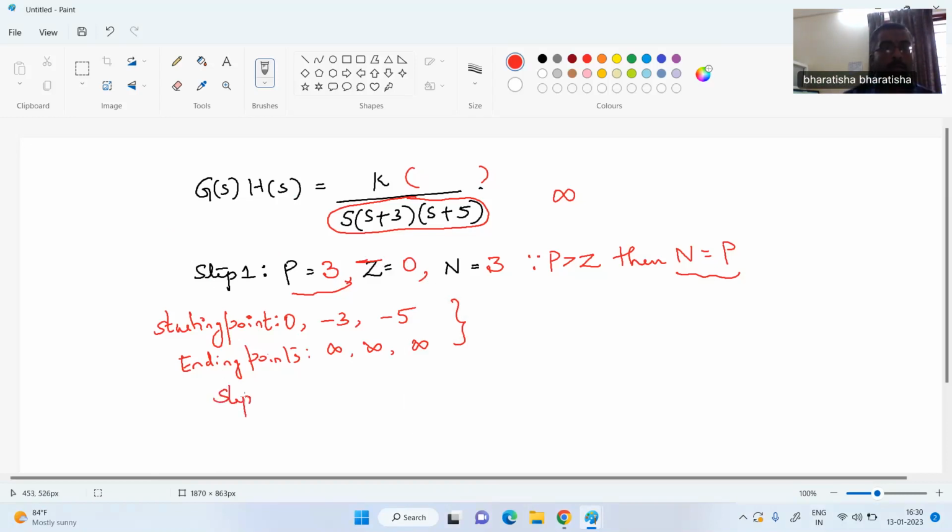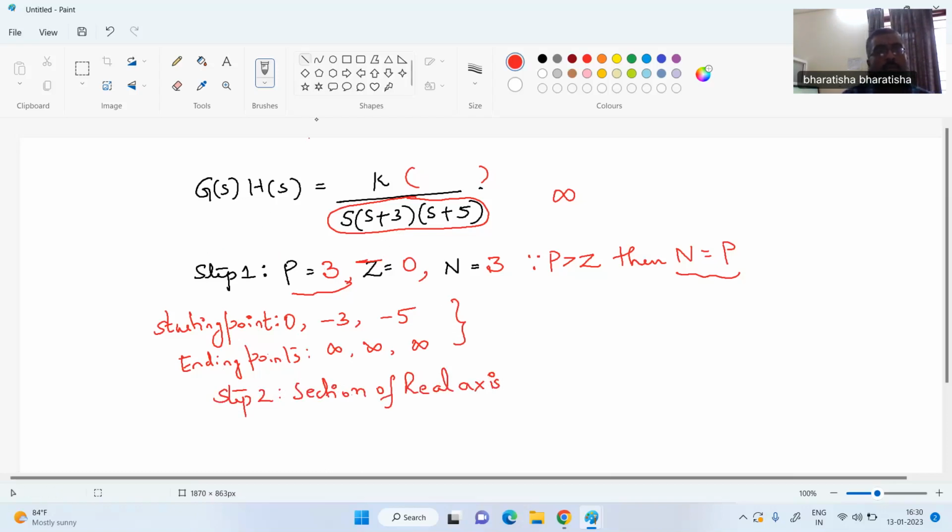Next, coming to step 2. Step 2 will be the section of real axis. For this you have to do a pole zero plot. It is a simple plot, of course.